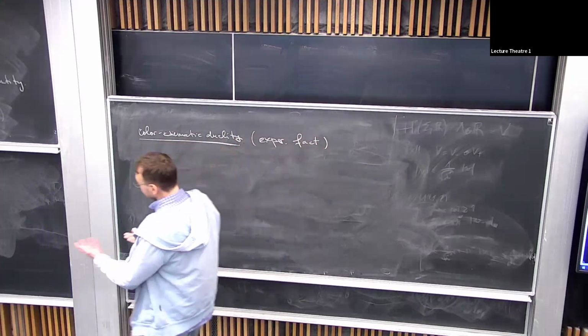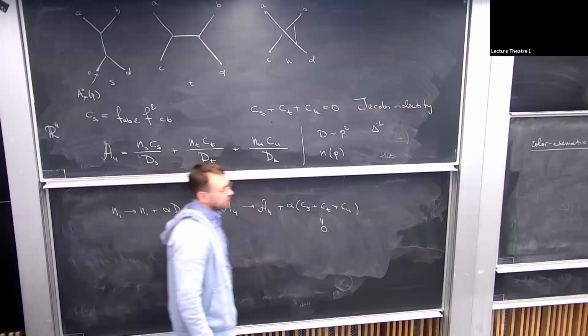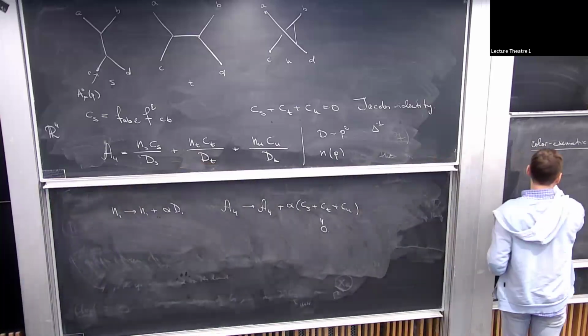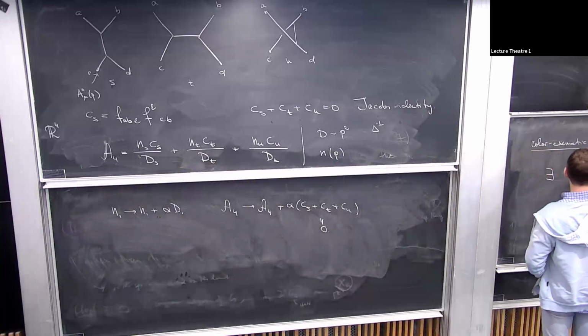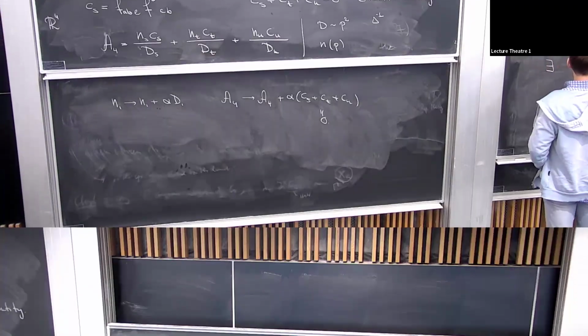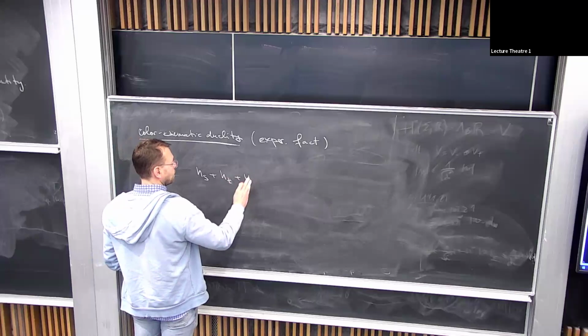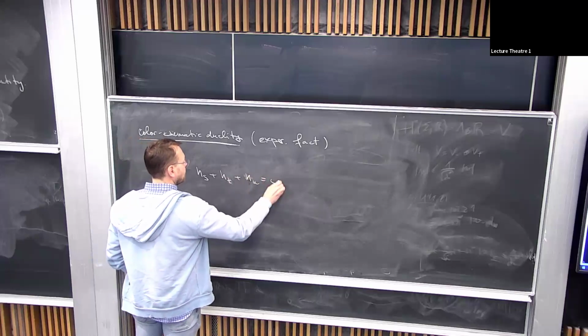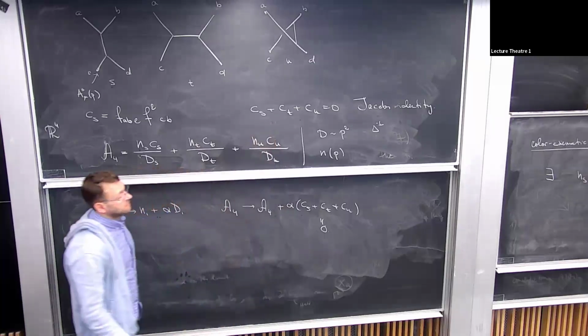So you do a lot of calculations in different theories, for example, and what you realize is that there exists a choice. There's some choice of these guys in such a way that these objects satisfy basically this Jacobi type of identity.